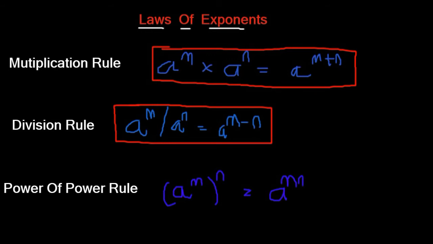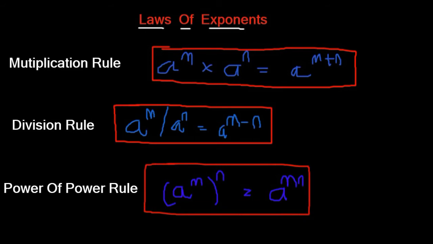Now we can look at an example. 2 power 4 the whole power 2. According to this power of power rule, we can say 2 power, this 4 times 2 is 8. So the answer will be 2 power 8. So this is the power of power rule.